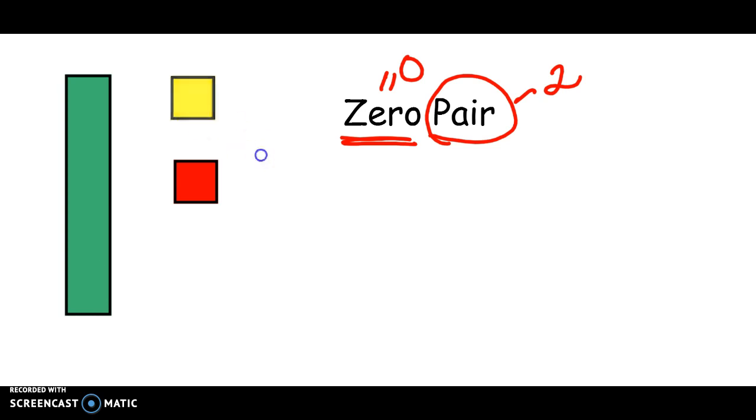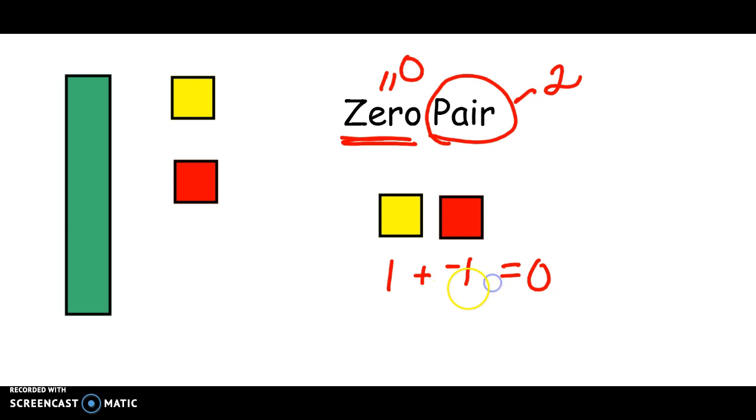Well, hopefully you came up with a yellow one and a red one together, because if you have positive 1 plus a negative 1, that equals 0. You get 0. You could get fancy if you wanted to. You could do 5 positives and 5 negatives. It doesn't have to necessarily be 2, but in this instance, we're talking about a zero pair. We're talking about 2 things that equal 0. But just remember, you can have more than 2 of each one to equal 0.